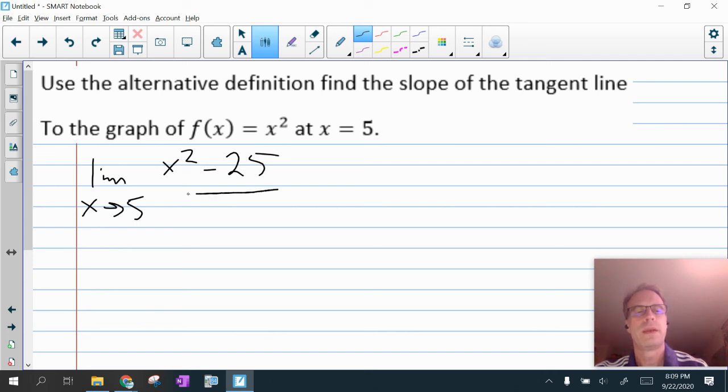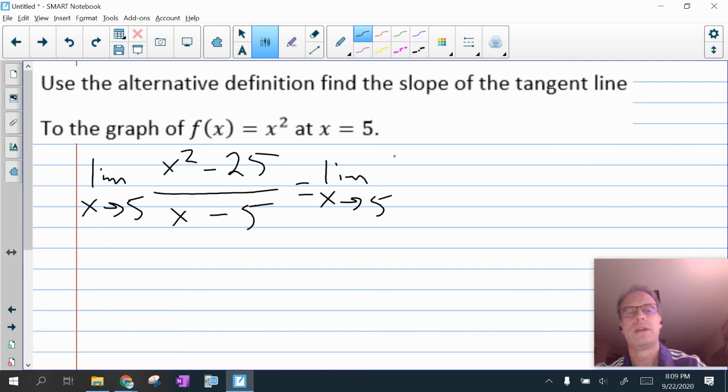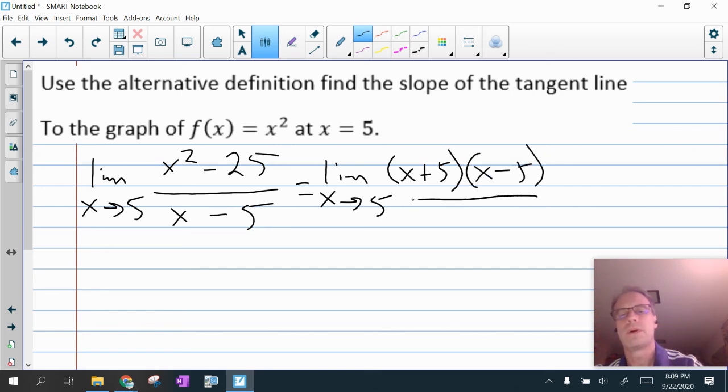And then that's going to be over x minus 5. Okay, once again, if I do direct substitution, it doesn't work out too well, but what I can do instead, of course, is factor this expression and say the limit as x approaches 5 of x plus 5 times x minus 5, all over x minus 5.